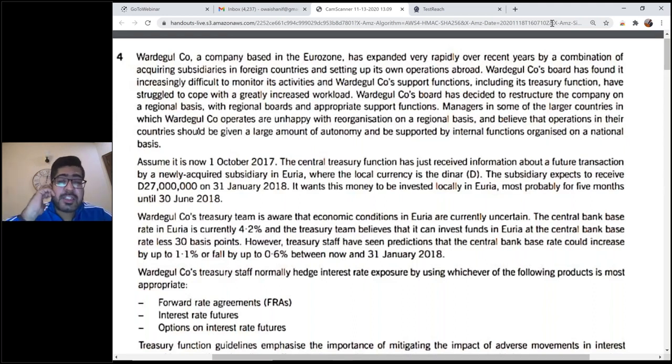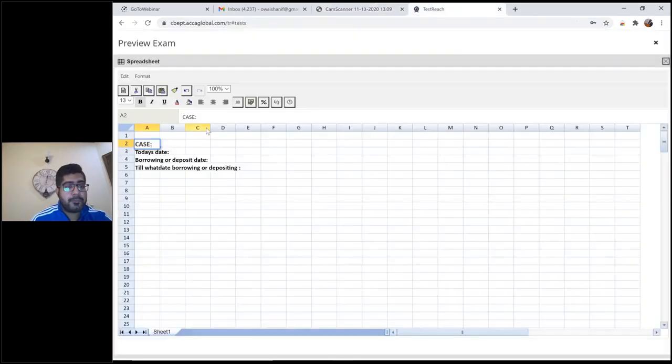The subsidiary expects to receive dinar 27 million on 31st January 2018. It wants this money to be invested, deposited, most probably for 5 months until 30th. So the case is of deposit.